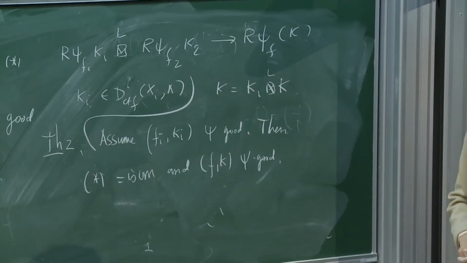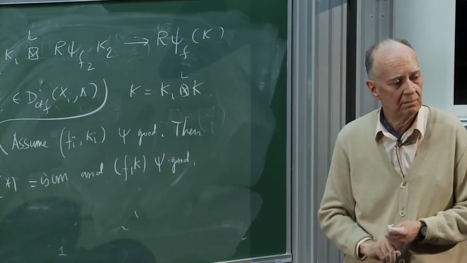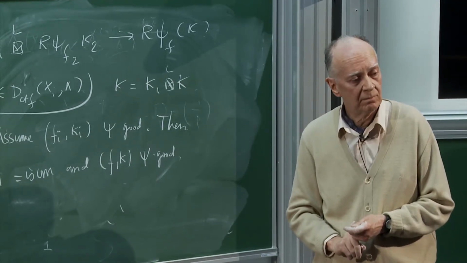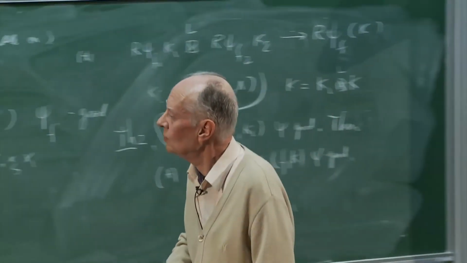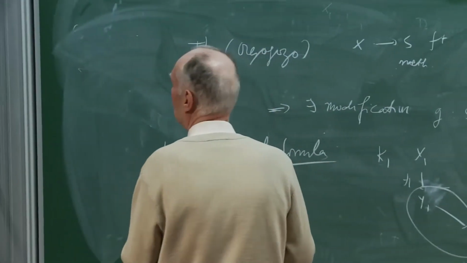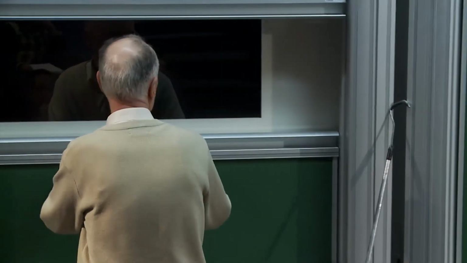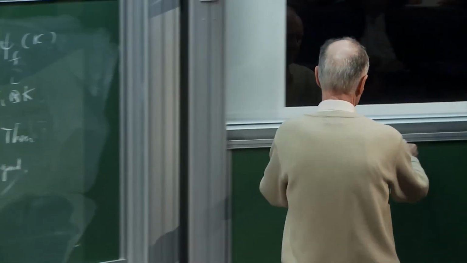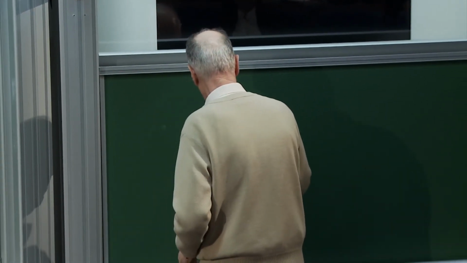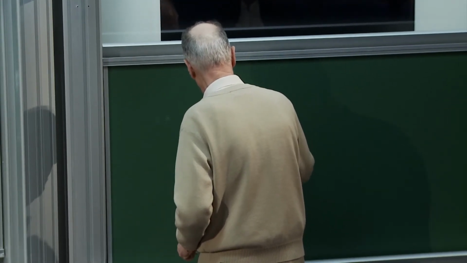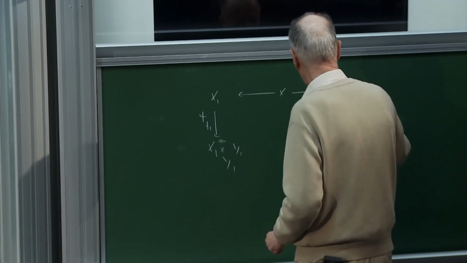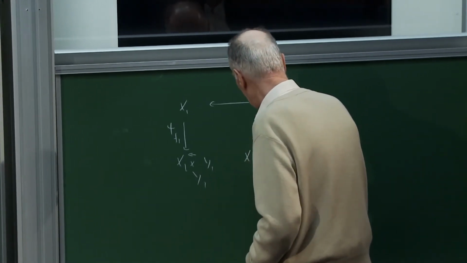So just to be sure to follow, you are identifying the vanishing topos of F1, product vanishing topos of F2 with... No, let me explain it here. So in fact, you have here x1 goes to x1 cross y1, by psi f1. And then here you have x, and here x2, and here you have x cross y.